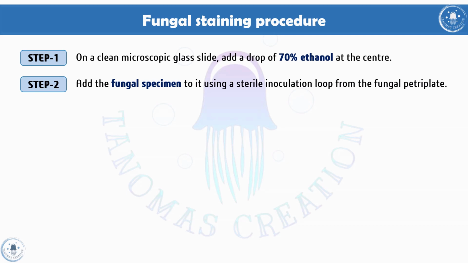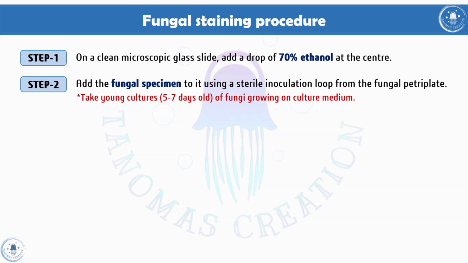You take a fungal petri plate that you have cultured in your lab, take a inoculating loop, take the culture and put it on the 70% ethanol which you have put in the middle of the slide.